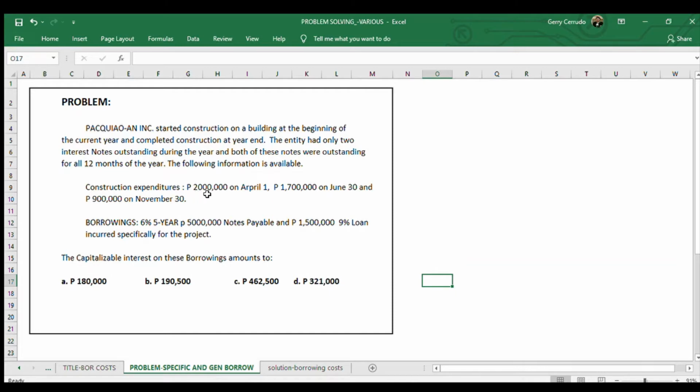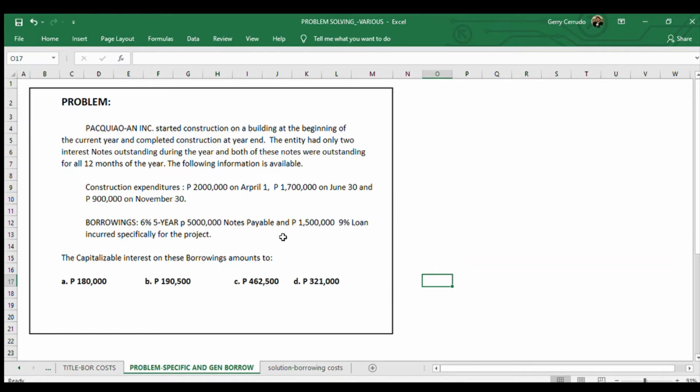Construction expenditures: 2 million on April 1, 1.7 million on June 30, and 900,000 on November 30. Okay. Borrowing 6%, 5 years, amounting to 5 million, and notes payable 1,500,000.